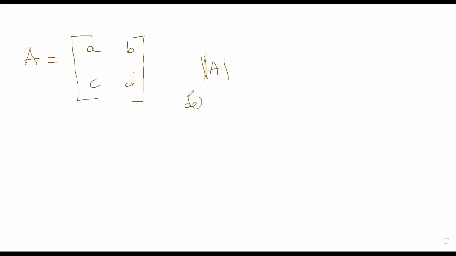Now, how to find the inverse matrix? First, we write the matrix as A, B, C, D. For this matrix, we have to find the inverse. There is a direct formula. Before writing the formula, we have to find something called det A. It is also written with two horizontal bars. You have to do AD minus BC. Simply AD minus BC.